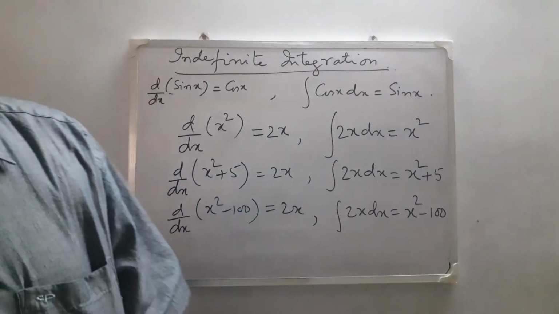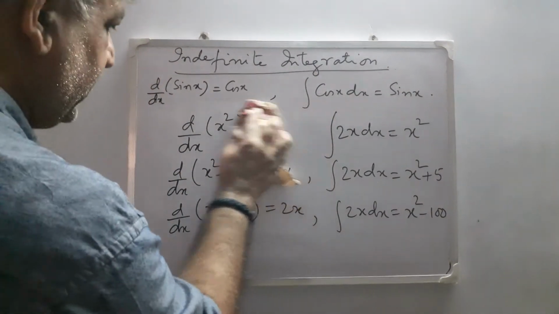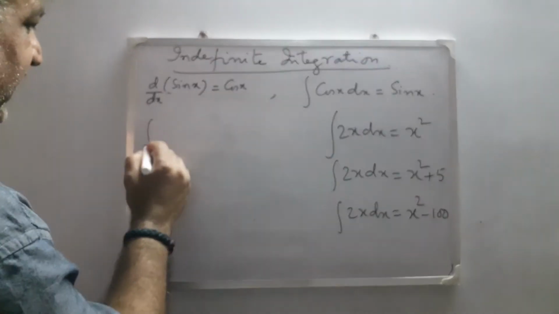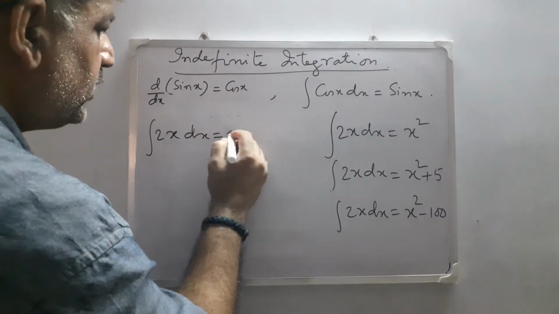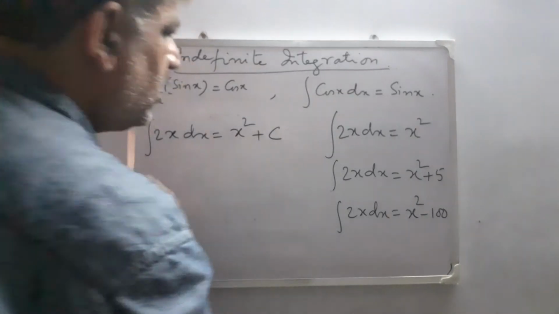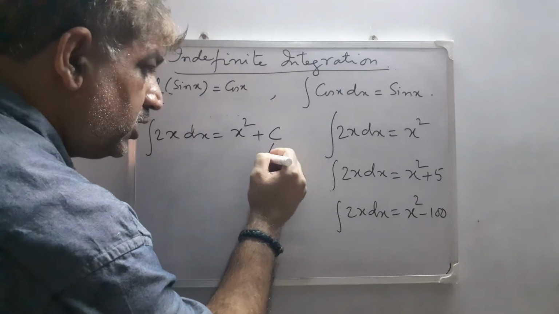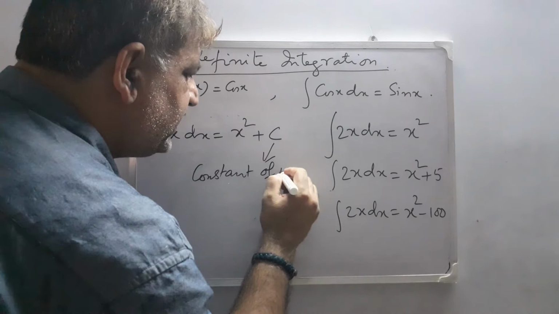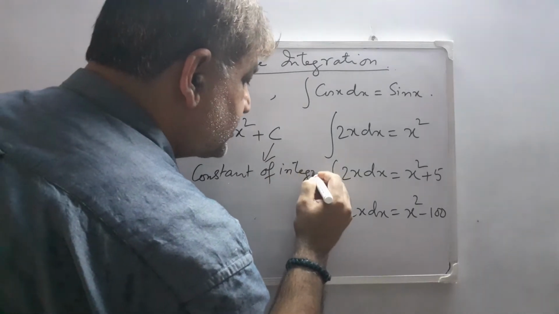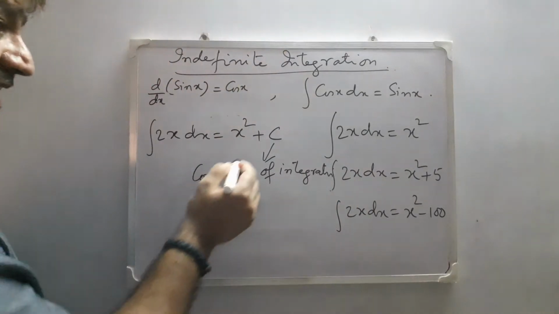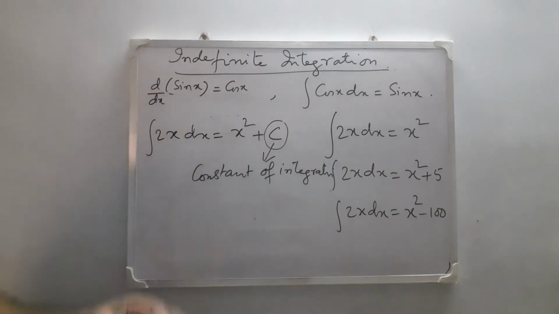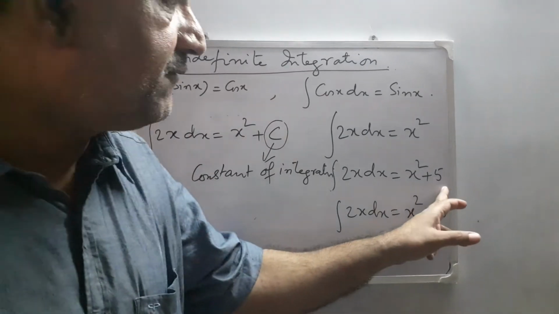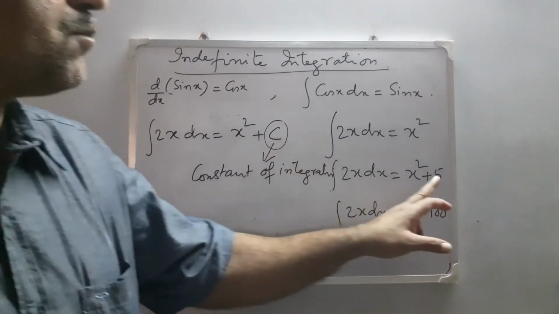That's why for all integrals of such type, we generally write integral 2x dx is equal to x square plus c. What is c? This c is called the constant of integration. This constant tells us that if there exists some constant in the original function, say 5, then we should take the value of c as plus 5.